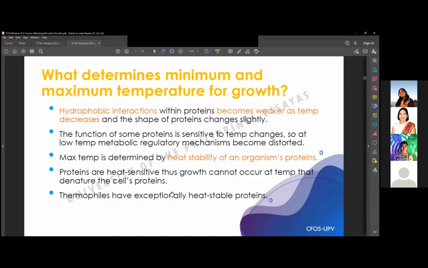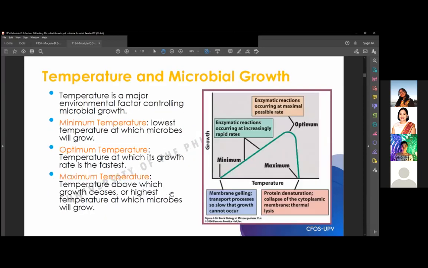So for temperature, at the very low temperature, there will be membrane gelling, and the transport of nutrients will be very, very slow. And at low temperature, wala rin halos growth. That's why if you want to keep your microorganism and maintain its number at a certain level, you have to store them at low temperature para hindi sila dumami.